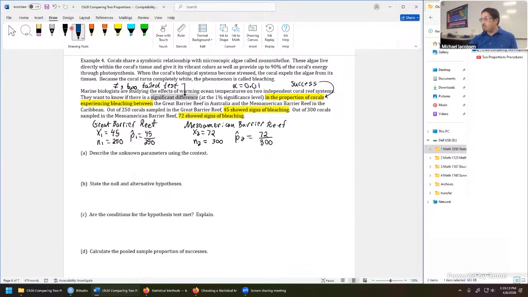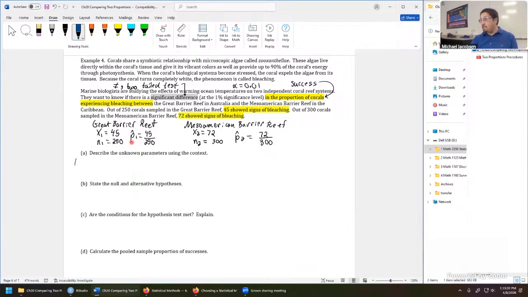Okay, let's kickstart this. There are two populations, categorical variables being measured, a success, bleached corals, a failure, non-bleached corals. P without a hat is going to be the true population proportion of successes, but that means it's the parameter.